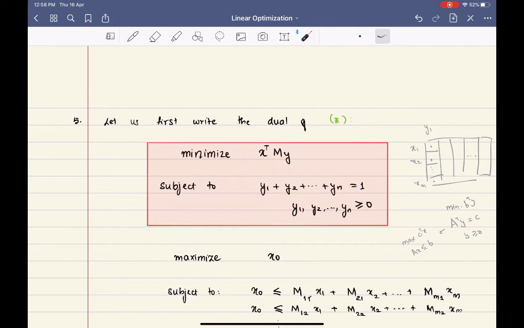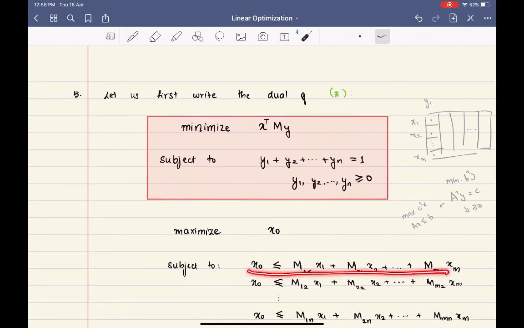So here the C, there's only one thing, so we wrote maximize x0. Now the coefficient of this should be compared with the coefficient of this with a less than or equal to sign. That will be the dual, so the dual will take this form.